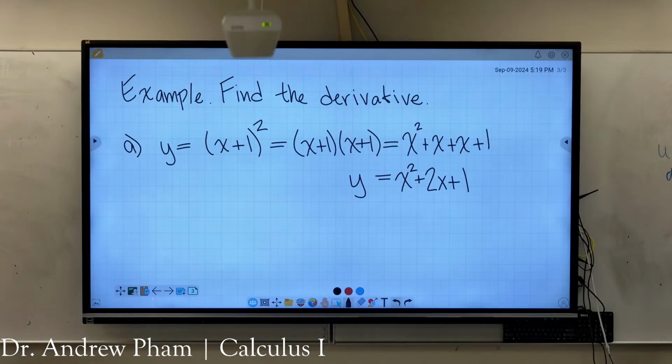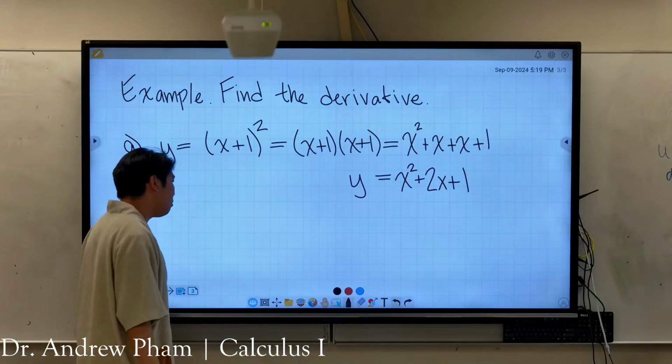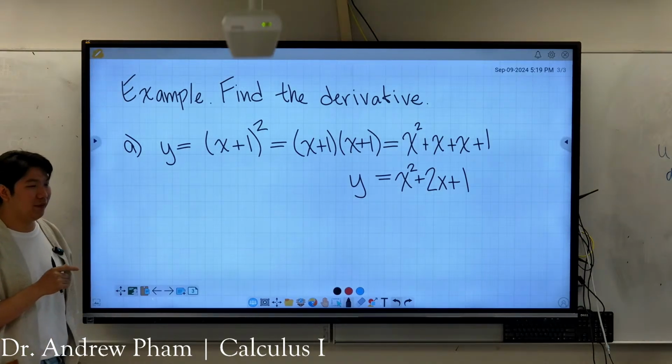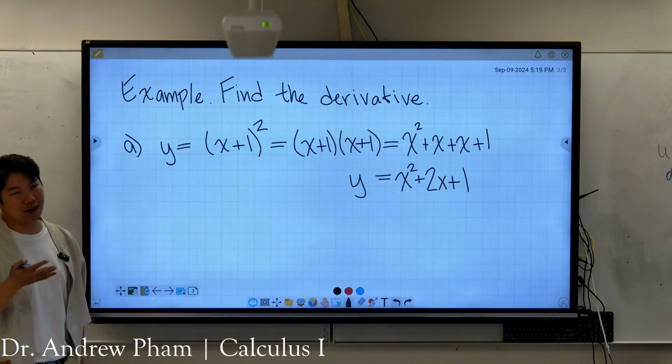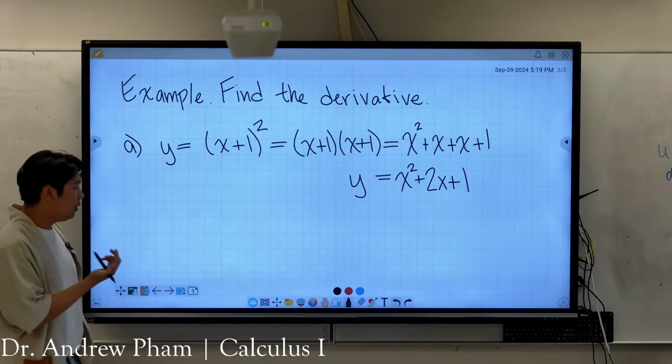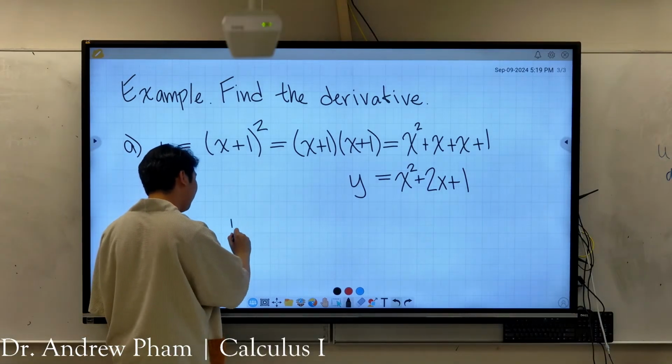So, am I allowed to use power rule now? Yes, for sure. I definitely have a combination of just x to a power each time. So, first off, what notation do I use for the derivative of y? What are my options? Because I don't write f prime yet, so there's no f here. Yeah, we can write y prime.